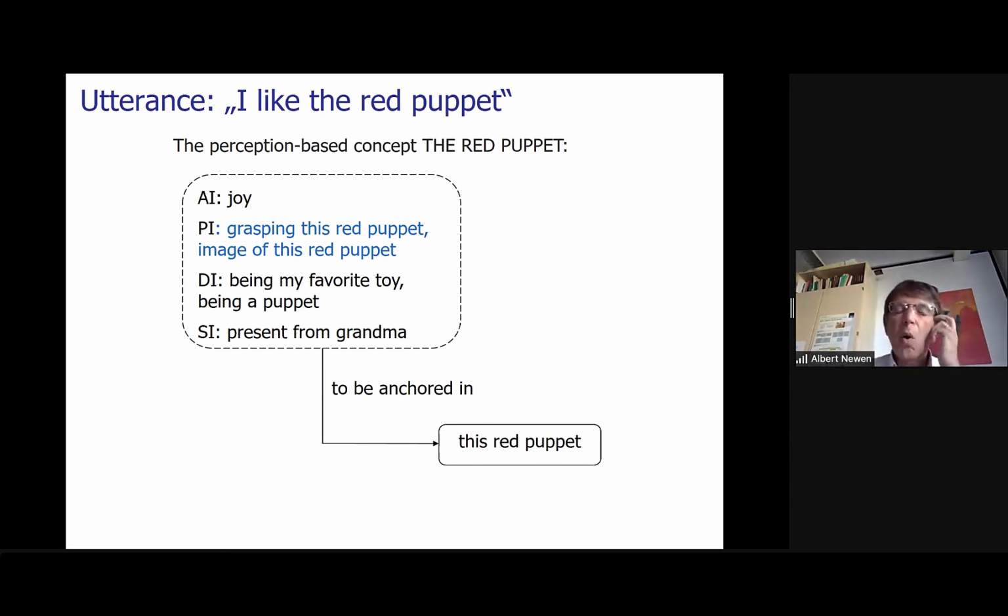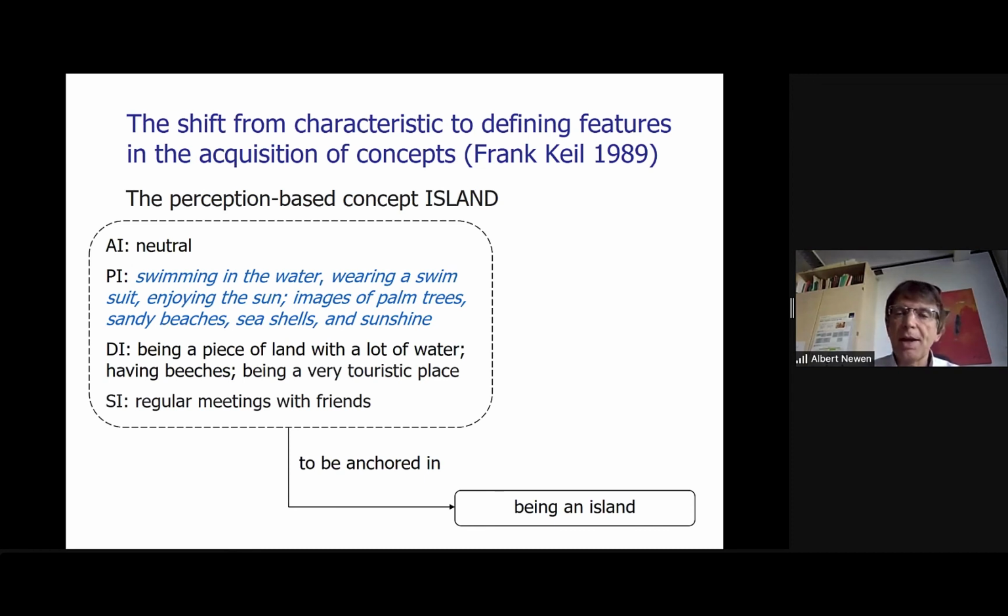Okay, so what does it help to think of information integrated in that way? We can now characterize the shift from perception-based concept of island to the theory-based concept of island very nicely as just indicating the shift of the constitutive information in the mental file.